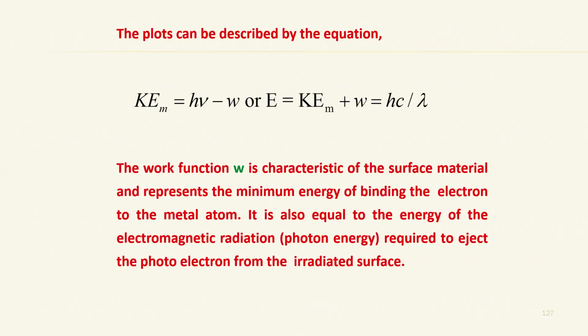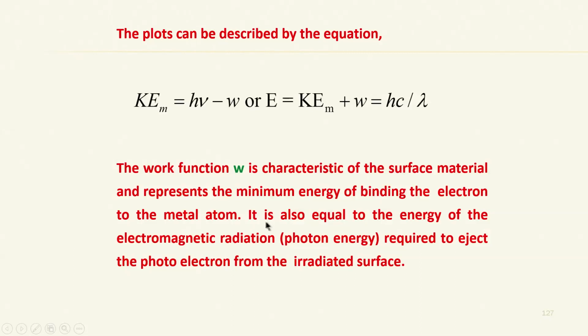Okay. So, the plots can be described by the equation KE max is equal to h nu minus W, where W is the work function. So, E is nothing but KE max plus W, which corresponds to hc by lambda. W is the characteristic of the surface material and represents the minimum energy of binding the electron to the metal atom.